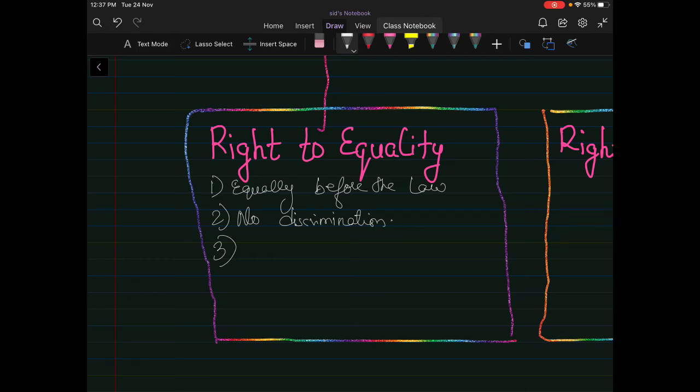What this means is, in our country we still have some weaker sections, like scheduled castes, scheduled tribes, children, women, who are still being discriminated against. So the state can give them some privileges, some more rights. The state discriminates in favor of these weaker sections.